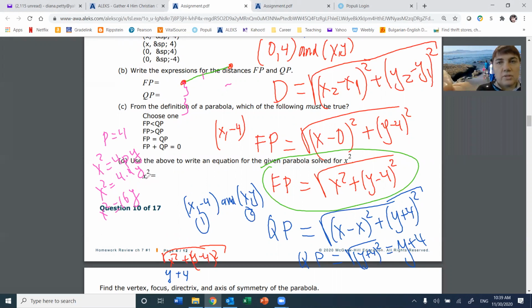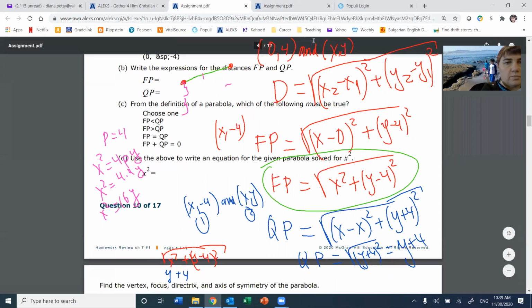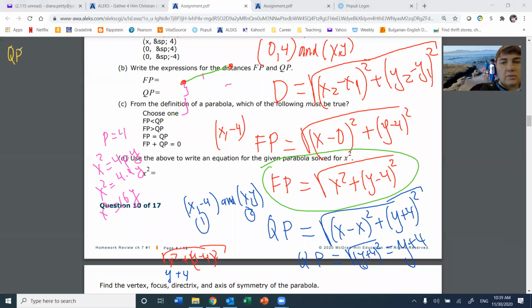You can use the fact that QP equals FP, right? So let's substitute them from what they were. QP equals y plus 4, and FP would equal the square root of x squared plus (y minus 4) squared.